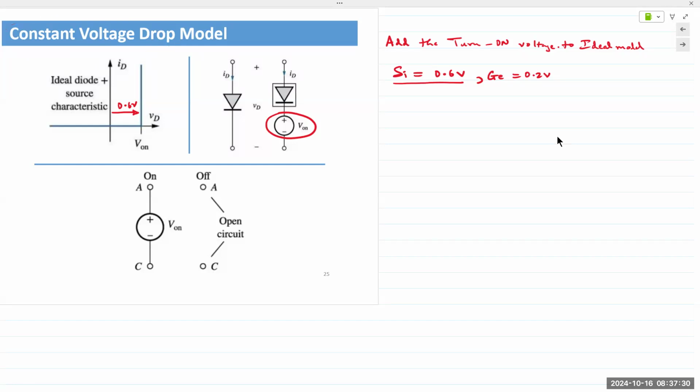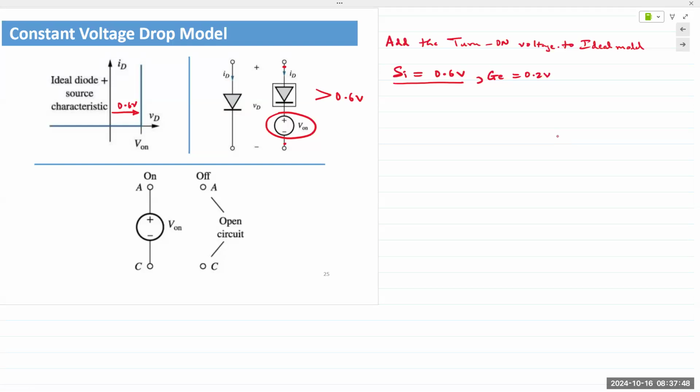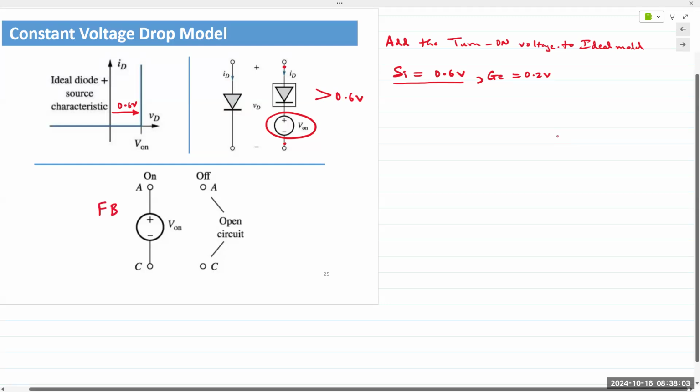So once the voltage across the terminals between the anode and the cathode goes above 0.6 volts, the diode is forward biased and replaced with a short circuit. Exactly the same thing as what we did for the ideal diode, except we have to build in 0.6 volts, hence constant voltage drop. So in forward bias, it is modeled as a voltage source with a value of V on.